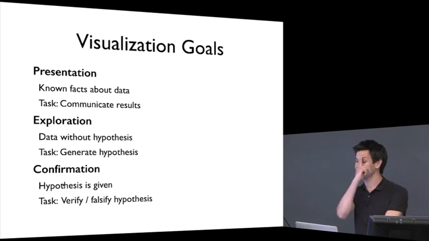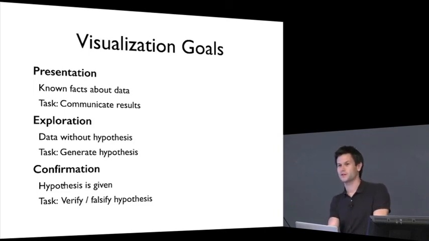OK, what are the goals in visualization? First of all, it's presentation, and that's probably the most well-known to you. You know facts about the data, and you try to communicate it. That's also what public media is doing. So Raphael introduced the New York Times graphics department, and they are doing a really great job in this presentation task.